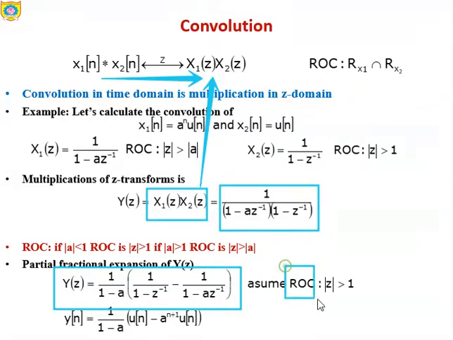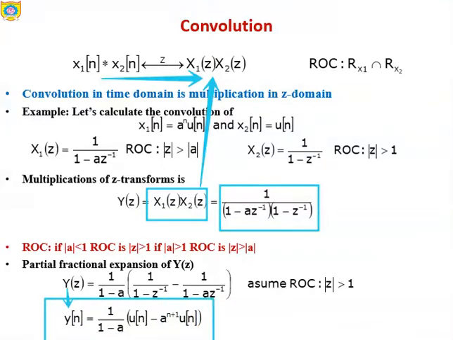Assume the ROC is mod z greater than 1. If it is greater than 1, this is what we can do: take the inverse z transform so that this Y of z will be converted into y of n. That is what is done in the next step. So here it will be converted.